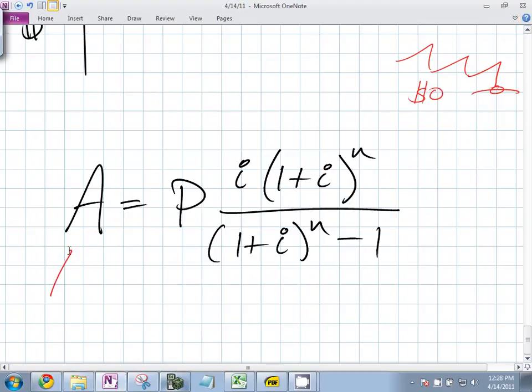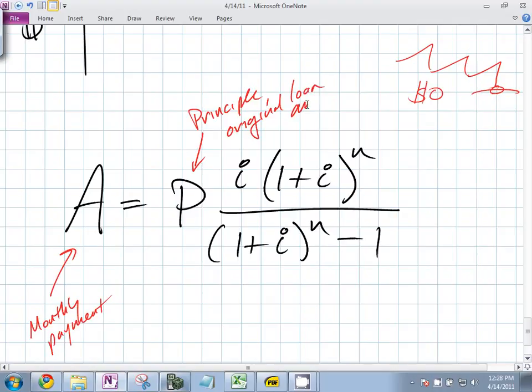A represents the monthly payment amount. P represents your principal. If it's a loan, this is just the original loan amount. N, this is a little different, equals the number of payments. And this is a huge difference.